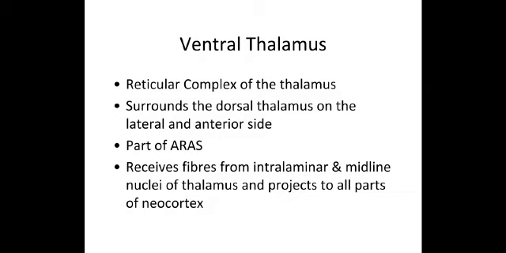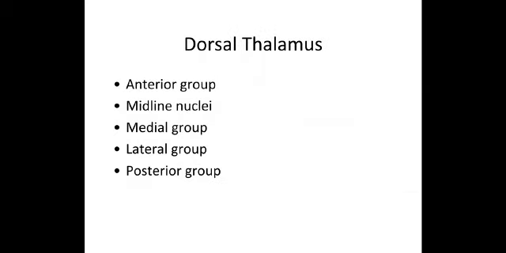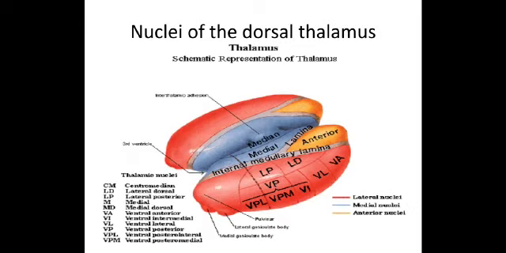So this is a general overview of thalamus, and we have different dorsal thalamus: the anterior group, the midline group, the medial, the lateral group, and posterior group. If you generally take the three parts, the anterior, medial, and the posterior, how they are classified with the Y-shaped internal medullary lamina, which is a fiber which I have told you in the introduction.